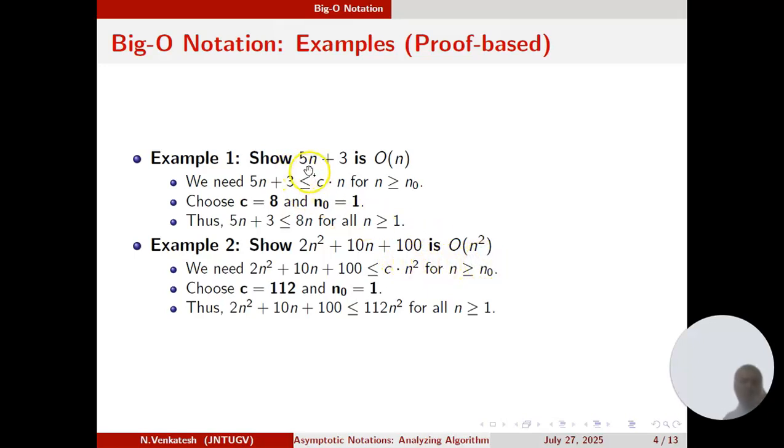That means we are classifying the growth of a function. Either it is 5n plus 3 or 10n plus 9 or 50n or 100n, all will be classified as BigOh of n. Similarly, 2n square plus 10n plus 100 or 100n square plus 50n, all those will be classified as BigOh of n square.